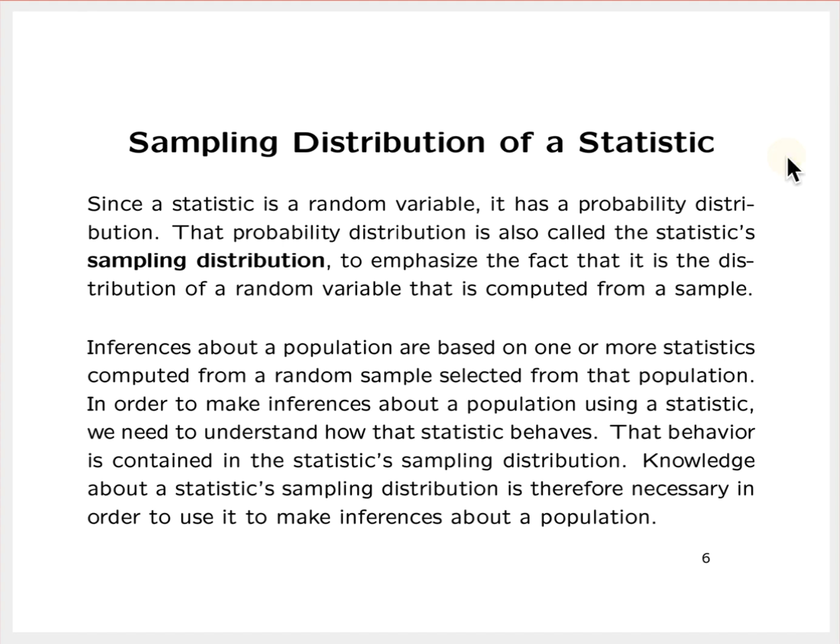So if you think back to your first methods class, and also to the beginning of this course when we gave an overview of what statistics is all about, remember that the big idea is that we want to be able to answer questions about populations of interest. But we're not able to look at the entire population for a variety of reasons. And so what we do is we obtain a sample from the population of interest.